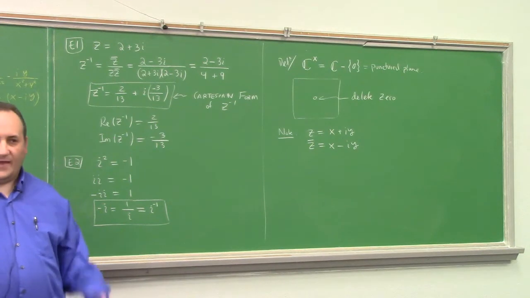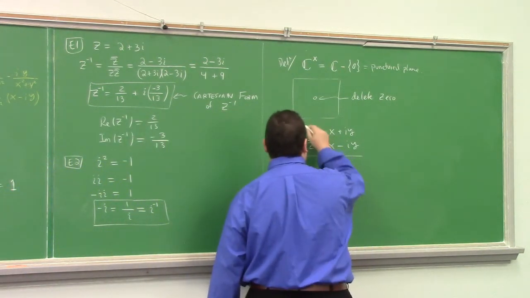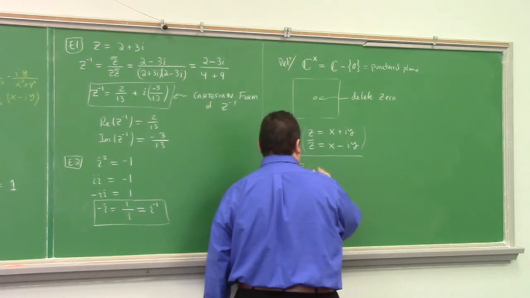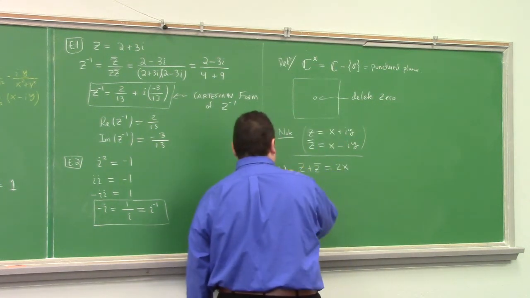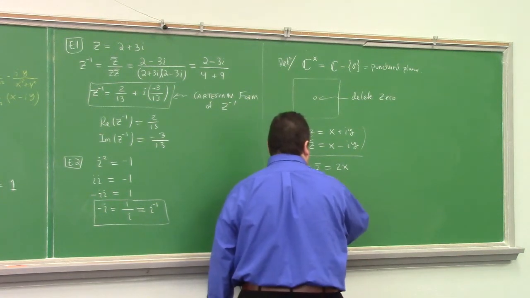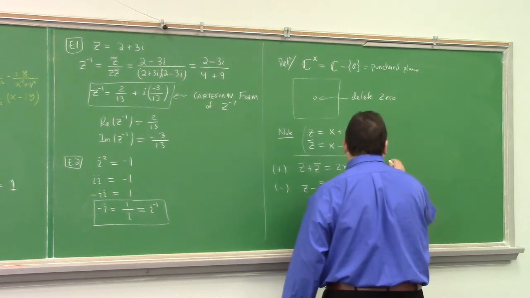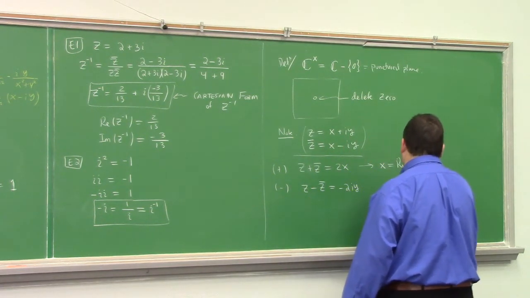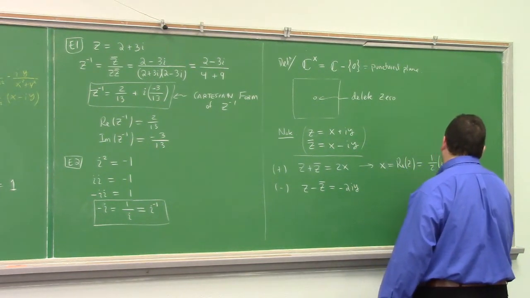So if I add these equations, what do I get? Yeah, z plus z bar is 2x from addition, right? What happens if I subtract? I get z minus z bar is 2iy, right? So this tells me that x, which by the way is called the real part of z, is 1/2 times z plus z bar.